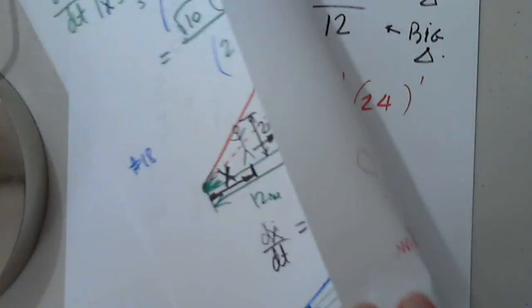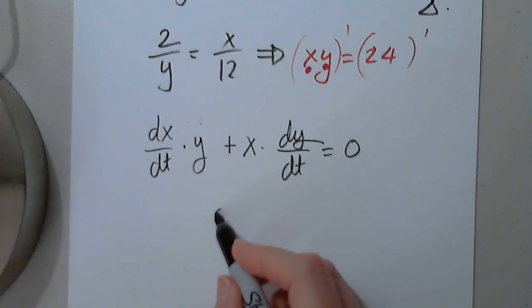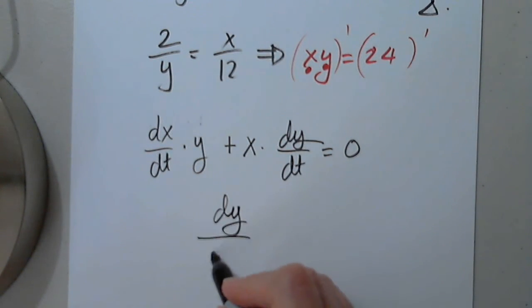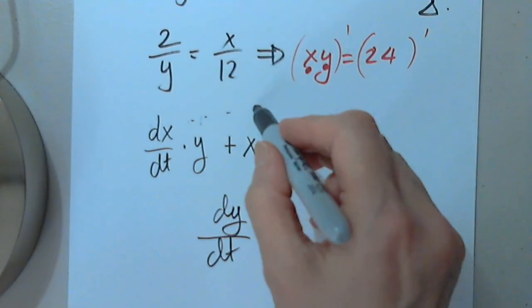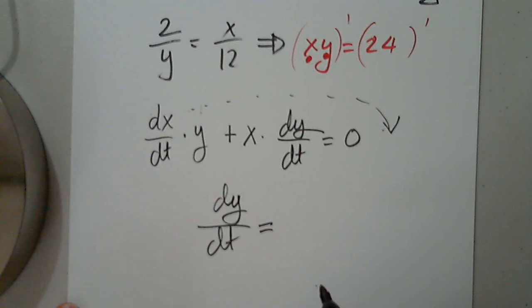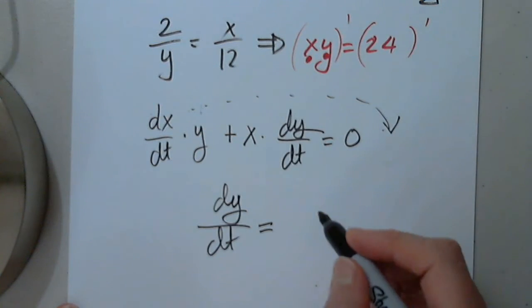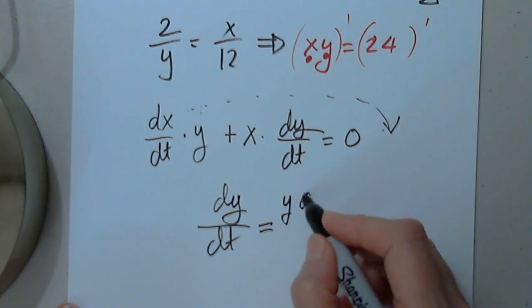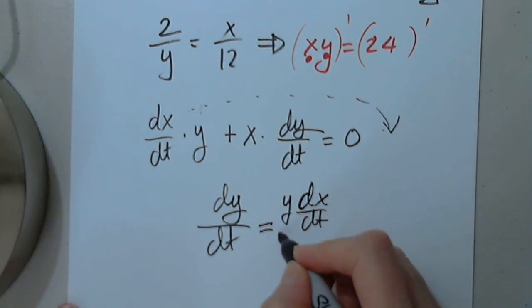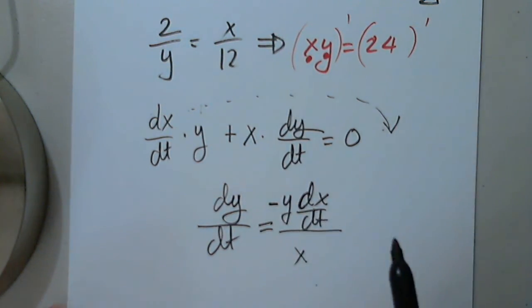Can anyone solve this for us? So y times dx over dt over x, but of course with minus in front.